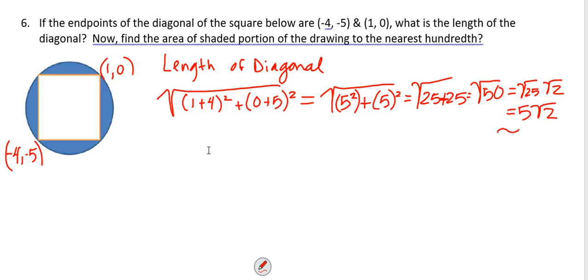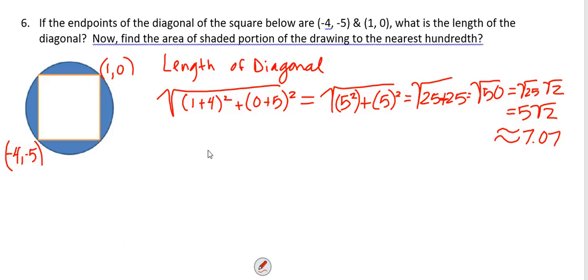Now I can also find out what that actual length is, and we're going to need that to find the area of the circle because that's the next part of this question. It says now find the area of the shaded portion of the drawing to the nearest hundredth. So this would be 7.07. Well, to find the shaded area, I have to find the area of the circle and then the area of the square and subtract the two of them.